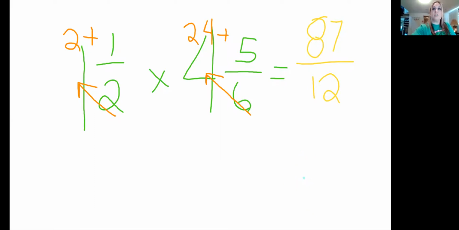Shall I leave my answer 87 twelfths? Probably not. What do we do? Right. You're correct. Change it into a mixed number. Let's pick a different color. Purple. 12. How many times do you go into 87? Let's see.